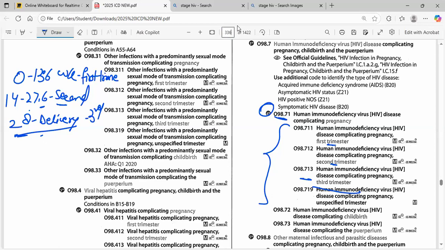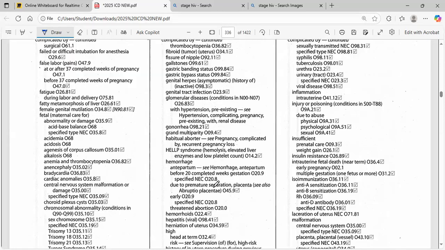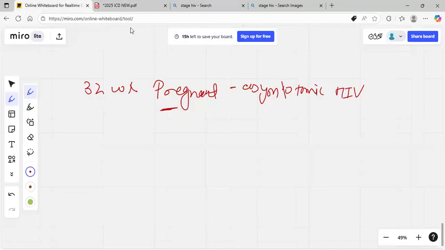So we refer to pregnancy first, and under pregnancy we look for the condition. The patient is coming with HIV, so our code should be O98.71. This is an incomplete code, so we will complete it later.